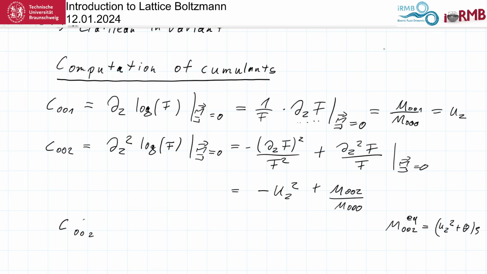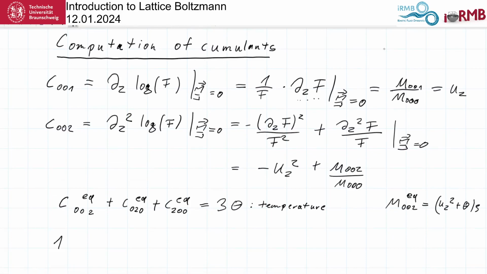I have a small mistake in my lecture notes, I believe. Otherwise, if not, then I make a mistake now. So if you take all of these cumulants together, what we'll end up with is 3 times theta, and so there's no velocity or anything else in it, also not the density, and this simply is the temperature. Theta is the temperature.